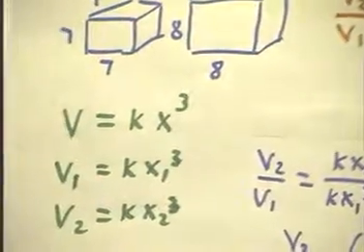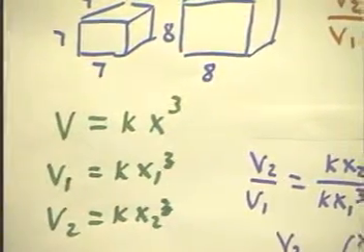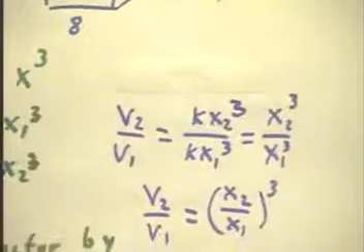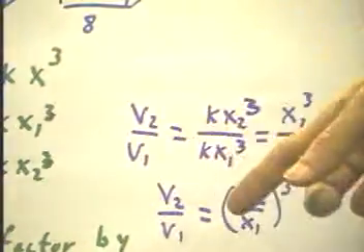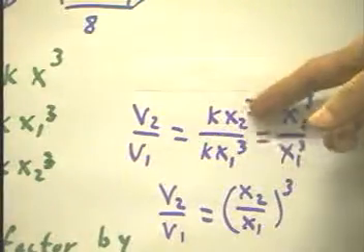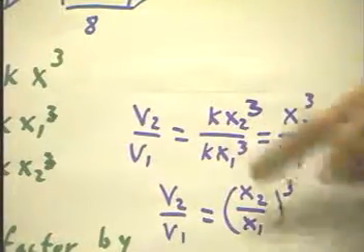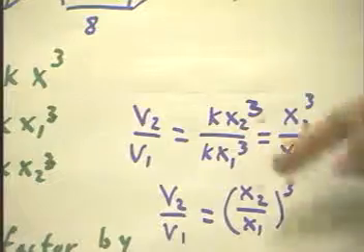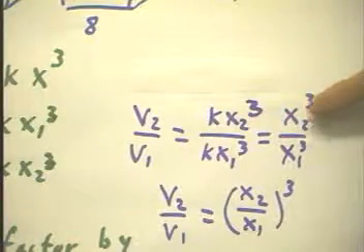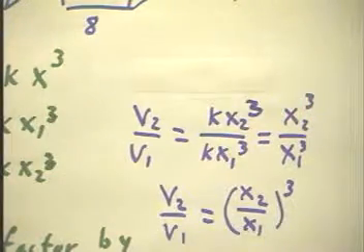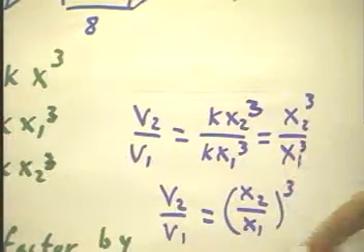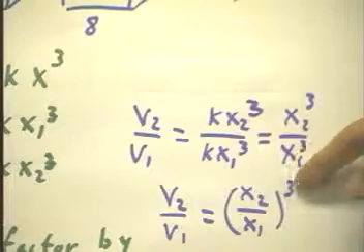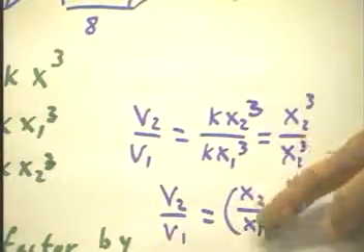And then the volume ratio V2 over V1 is kx2 cubed over kx1 cubed. The k's divide out and give us 1, so we end up with x2 cubed over x1 cubed. And of course that's the same as the quantity x2 over x1 cubed, so that the volume ratio is just the cube of the ratio of the sides.